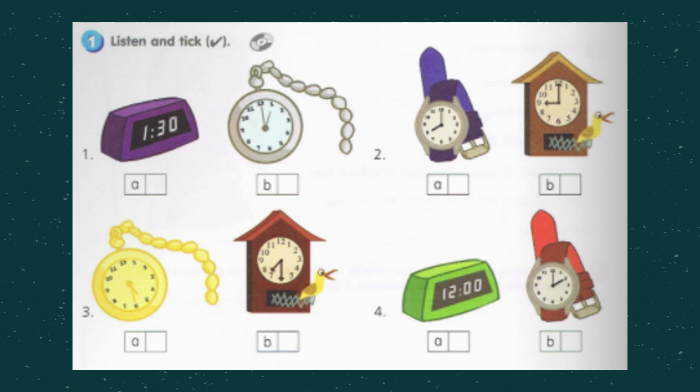Tina, what's the time? It's 9 o'clock. 3. What's the time, Lisa? Let me see. It's 7:30. 4. Mum, what's the time? It's 2 o'clock. 12 o'clock? No, it's 2 o'clock.